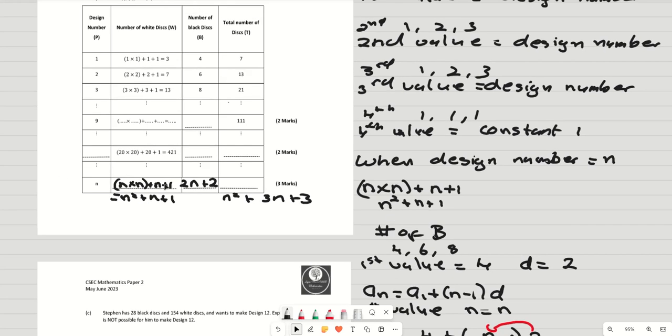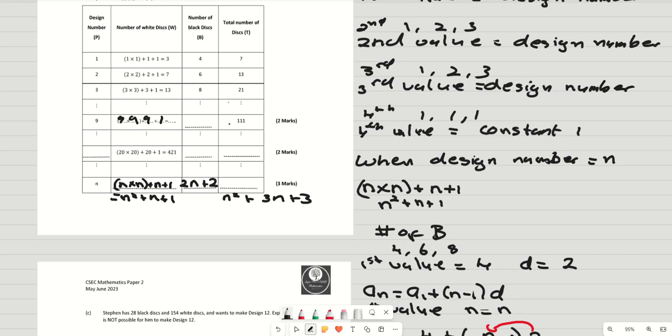Now let's look at part 2. When the design number is 9, what is the number of white disks? So we know that this formula would be 9 multiplied by 9 plus 9 plus 1, because remember, it is n squared plus n plus 1.